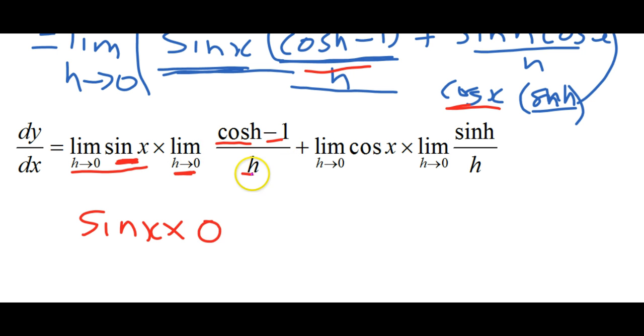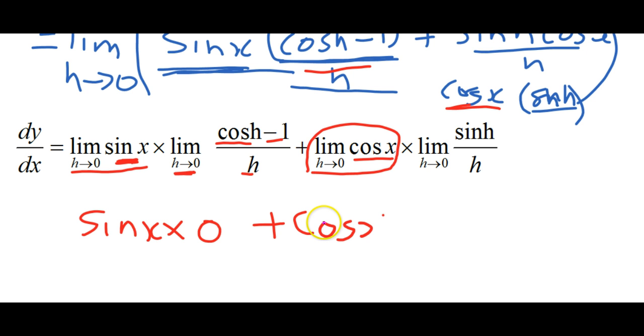We saw that. Then plus, take note of this limit alone, the limit as h approaches 0 of cos x will give us the same as cos x. Then times the limit as h approaches 0 of sine h over h will give us what?